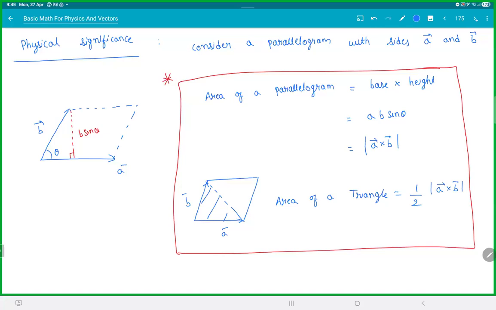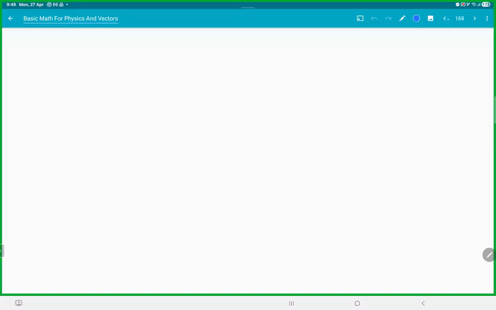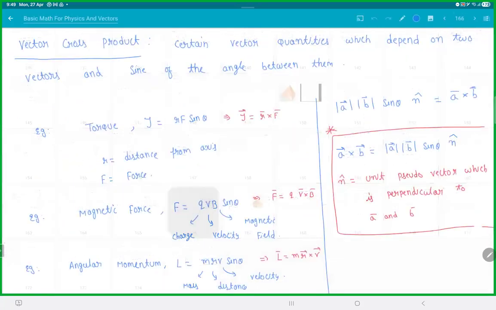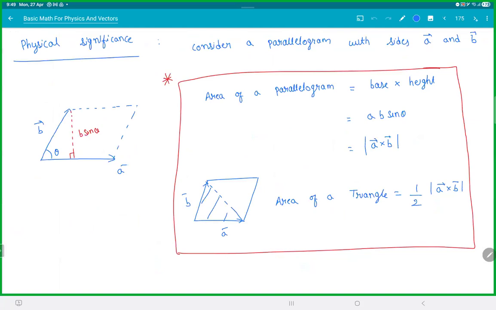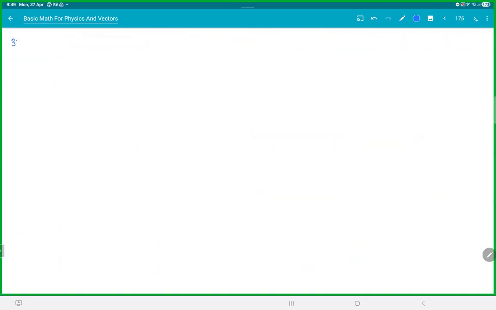All clear with this? Great. So let's see a question. We have a bar is 2i minus j plus 3k. b bar is i plus 3j minus 2k. First thing, find a cross b bar.